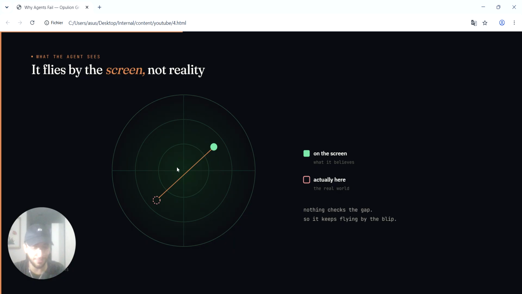And here's what I need you to take from this simple visualization. This is not the model being stupid at all. The model is reading its screen perfectly, doing exactly what it should. The screen is just wrong at the beginning, and nothing in the system told it the screen was wrong. Basically, the map has changed, but the agent has no way to know that the map changed.